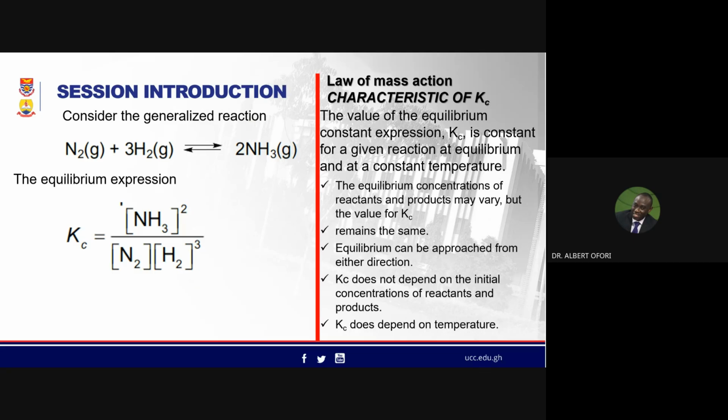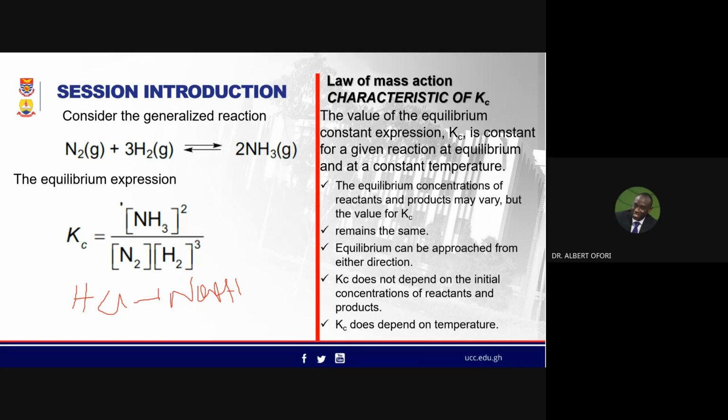Okay, let me give you an example. Say for example, I have HCl reacting with, for examination purposes, sodium hydroxide, and of course you know the product.